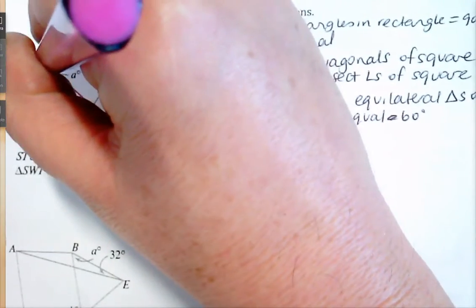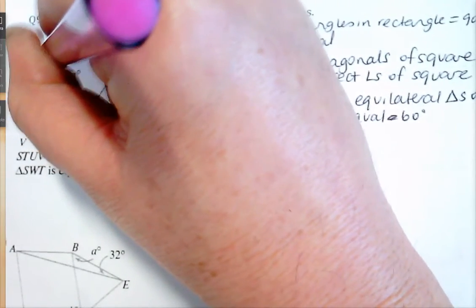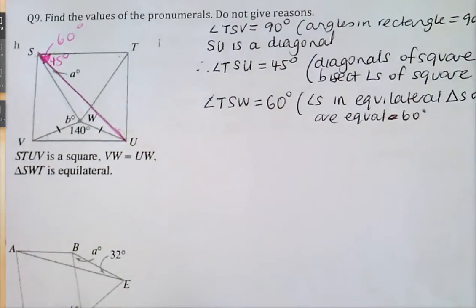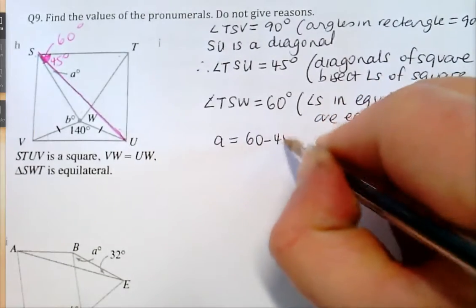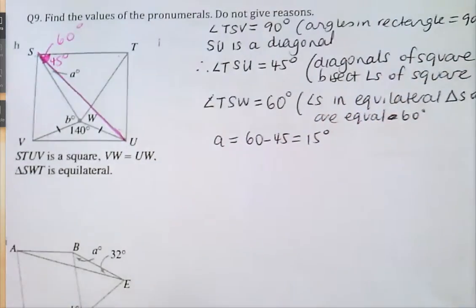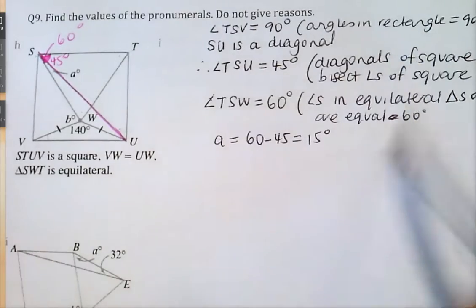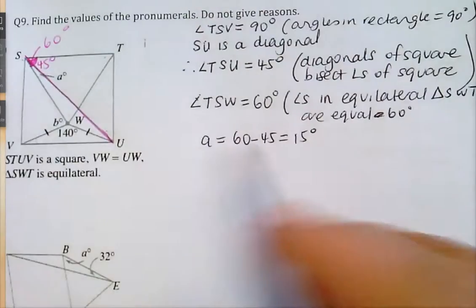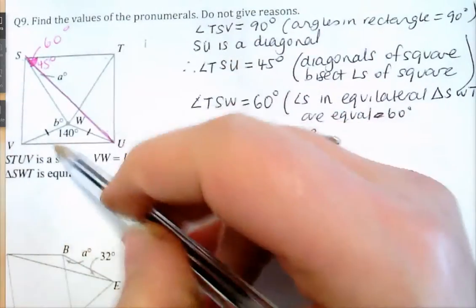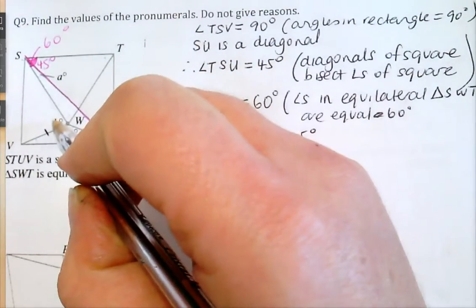So if the whole thing is 60, and that bit there is 45, therefore A will be 60 minus 45, which is 15 degrees, okay? Now remember, we didn't need to give reasons here, but I'm just giving the reasons anyway. So A is 15.